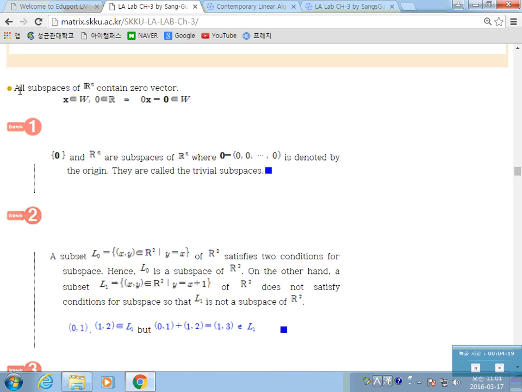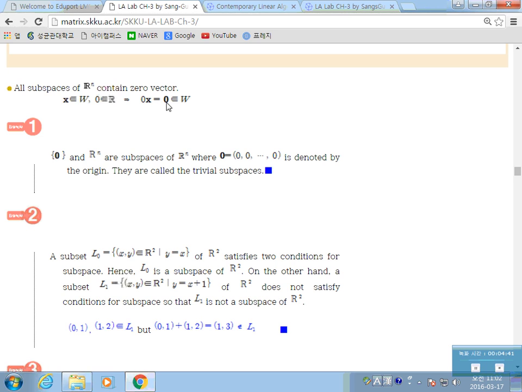As for examples, every subspace of Rn contains the zero vector, because if x is in W and you multiply the scalar zero to x, it is going to be the zero vector.